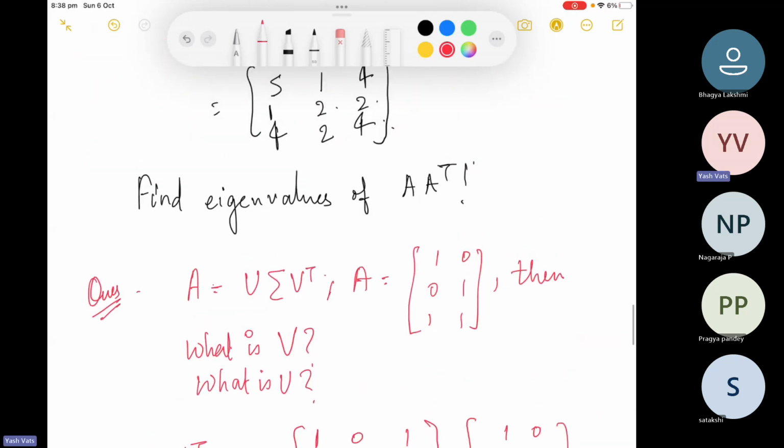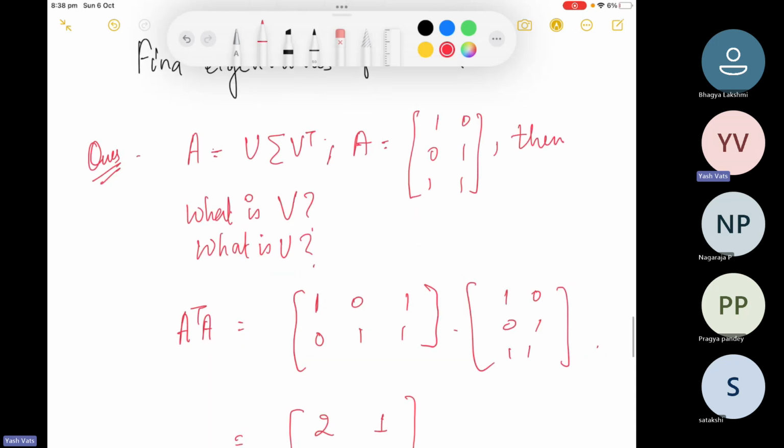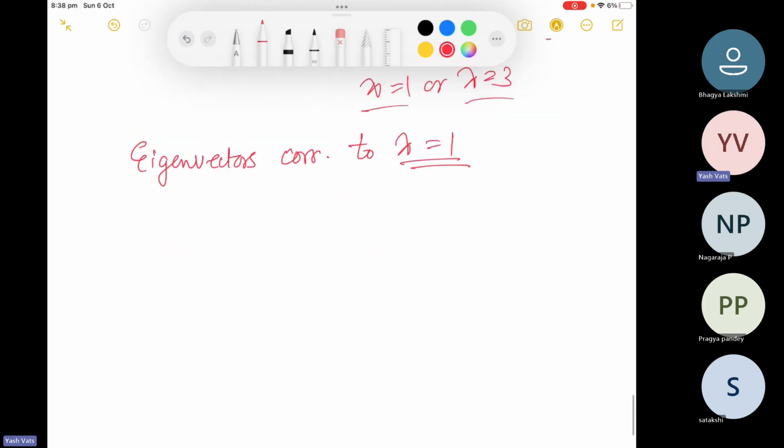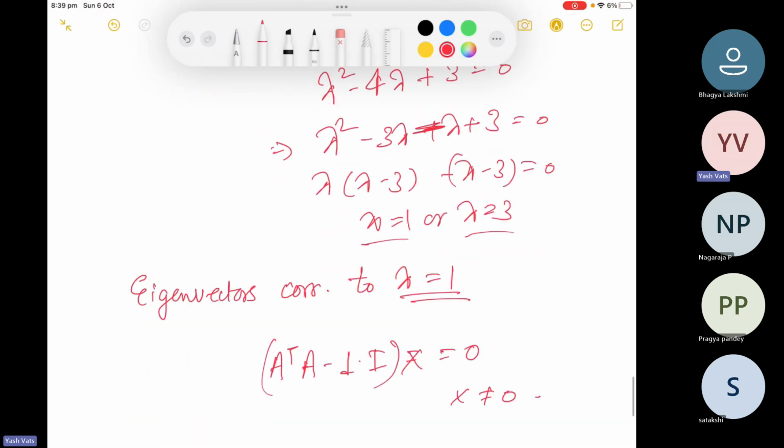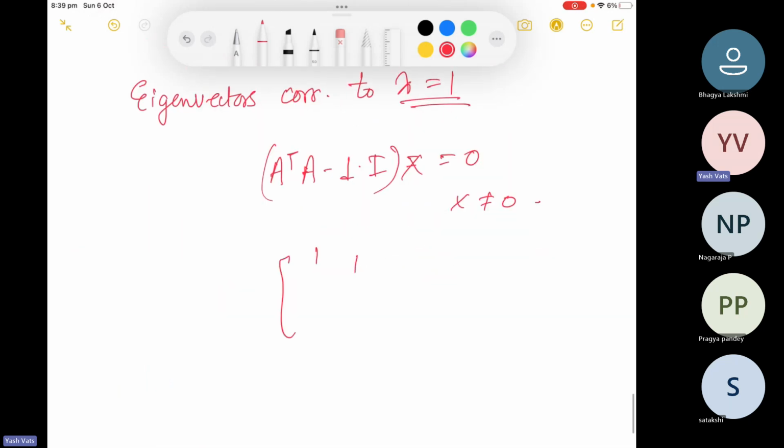The other thing is you need to find the eigenvectors. So what is A transpose A minus 1 times I, because the eigenvalue is 1? We have to find x such that x is non-zero. So A transpose A minus I will give you 1 1 1 1.